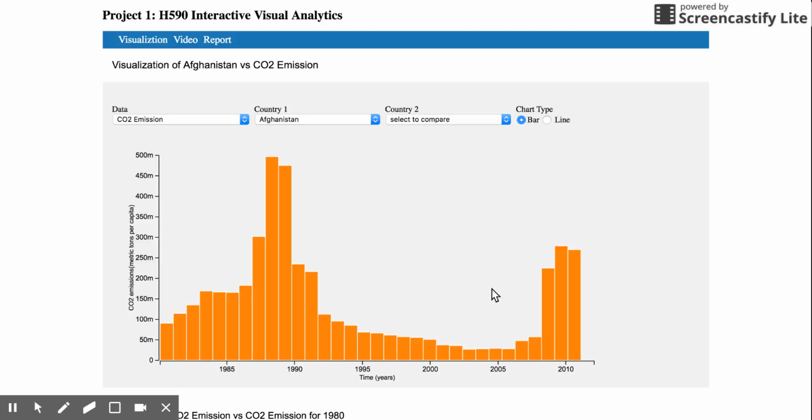So the goal of this project is to see how these variables change over time, and to find the relationship between these various parameters.